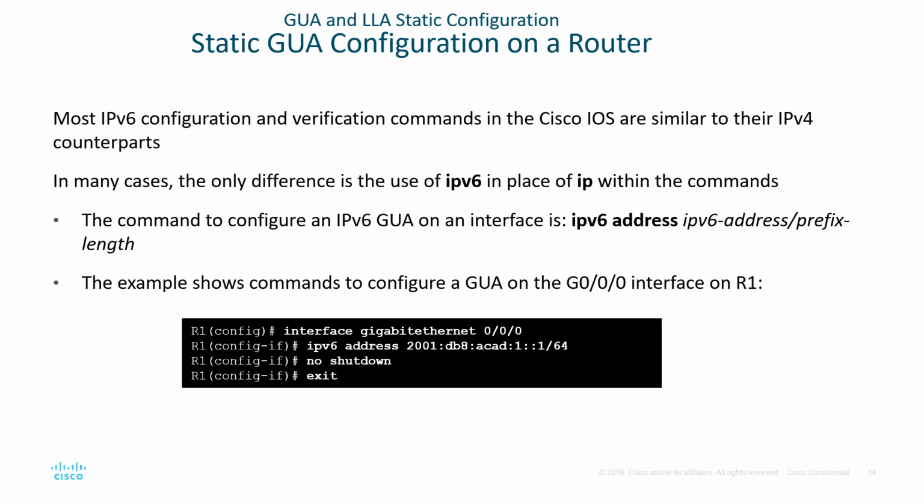In IPv4, you need the subnet mask along with the IP address. In IPv6, you need the IPv6 address along with the prefix, as you see here. Again, you issue your no shut, your device comes on, and a route is populated into the IPv6 enabled router.